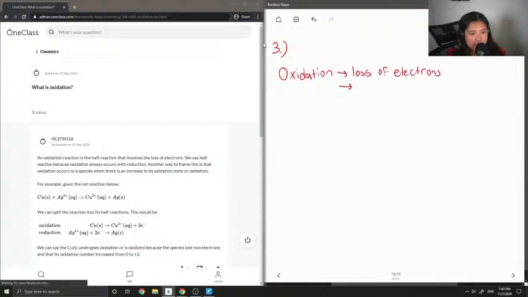It's also when the oxidation number of the element or the compound will increase.